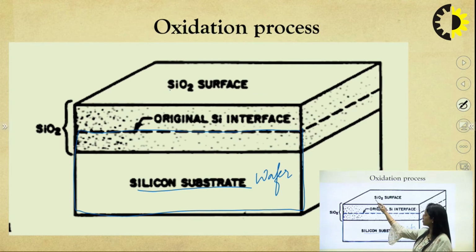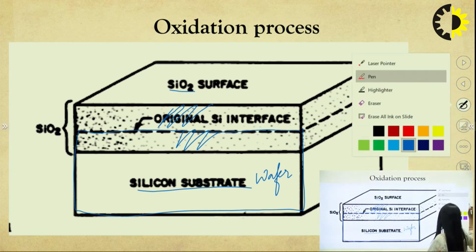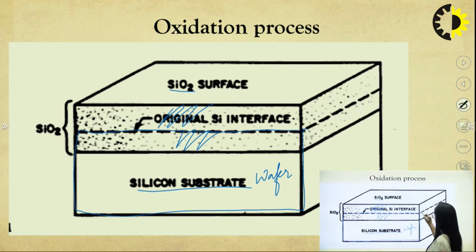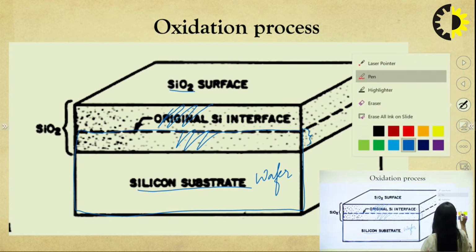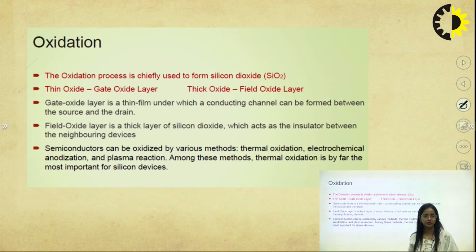Silicon dioxide will be created at the top also and at the bottom also. So, we can see that the boundary shifts. This is the amount by which the junction has shifted. We can see that we have come down to here. This is now silicon, above which we have silicon dioxide.